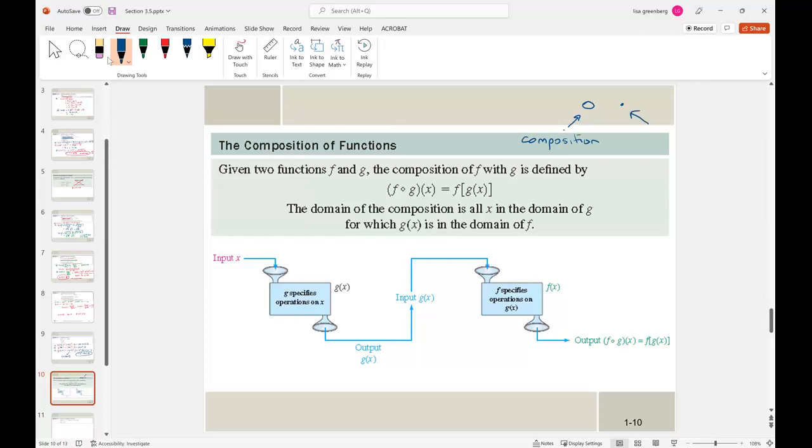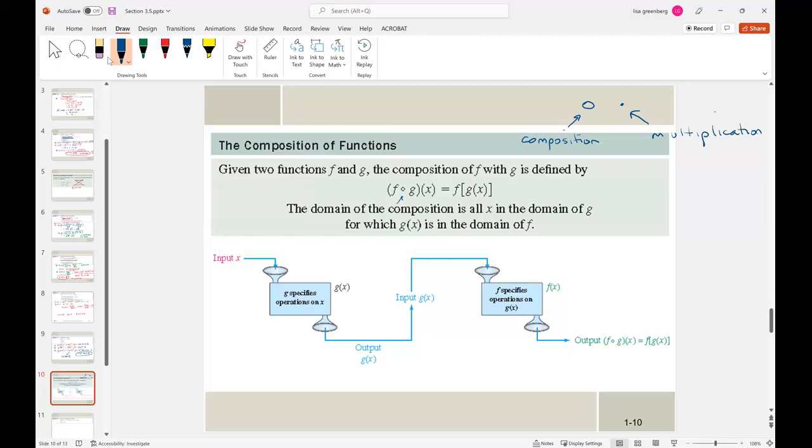This means multiplication. So they're different. Another way to write this: if we have f composed with g of x, you can read it as f of g of x. When I think about this little circle, I think of an O, and I say f of g of x, just like it is.